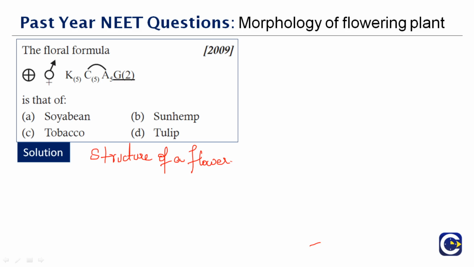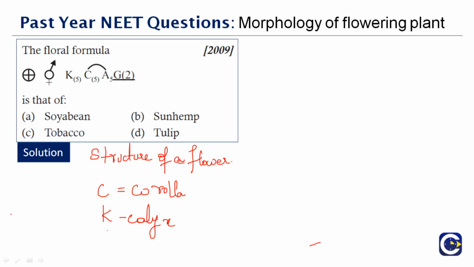So how do you write this? What is this floral formula, or what is this diagram? It is sometimes found convenient to describe a flower by a simple, concise formula. Here, I'd like to tell you something. C stands for corolla. Then you have K representing the calyx.